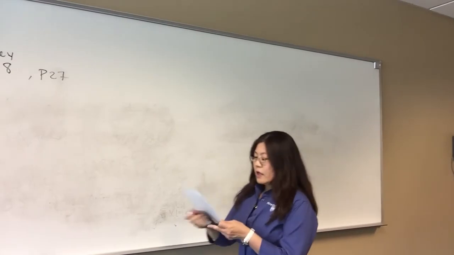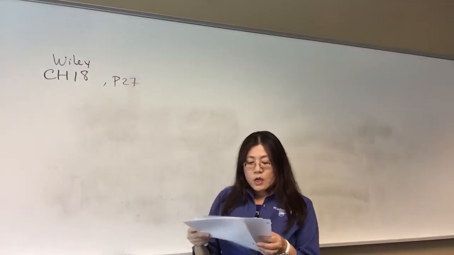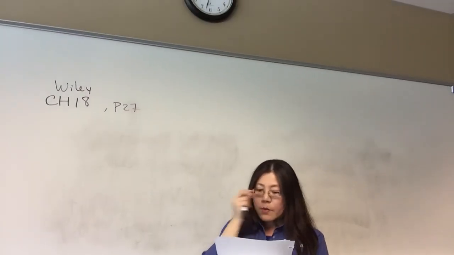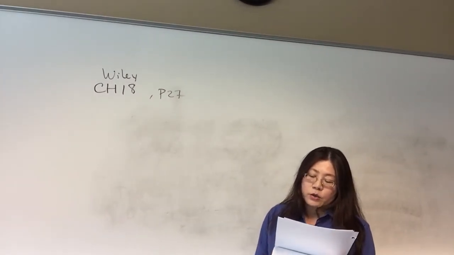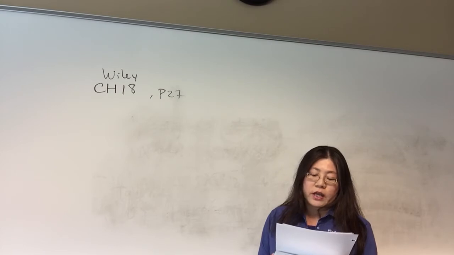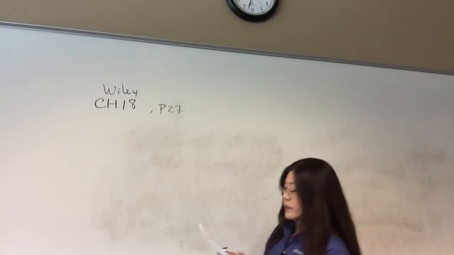All right, 27. Calculate the minimum amount of energy in joules required to completely melt 130 grams of silver initially at 15 degrees Celsius.